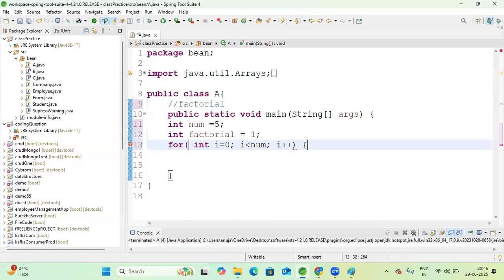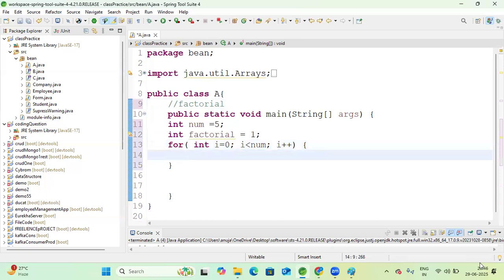Then I simply multiply factorial into i, factorial equal to factorial into i.